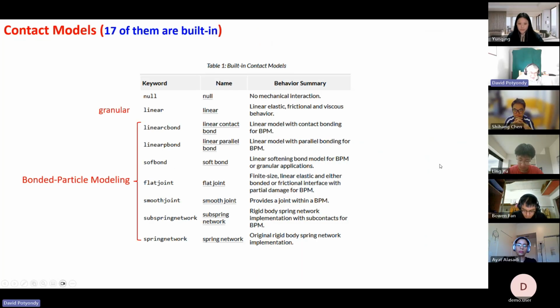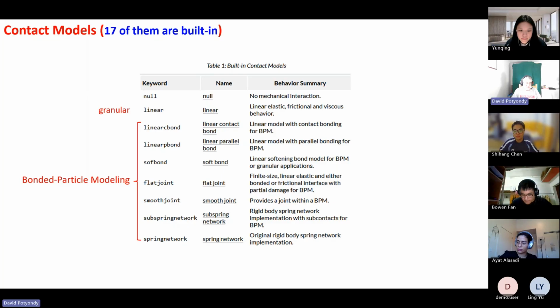Okay. There's all sorts of built-in contact models. Here's our old friend, the linear model. And this is typically used for granular materials. And then there's all these different ones that have been developed over the years to do bonded particle modeling. And when I lecture about bonded particle modeling, I'm going to start with the simplest possible one historically.